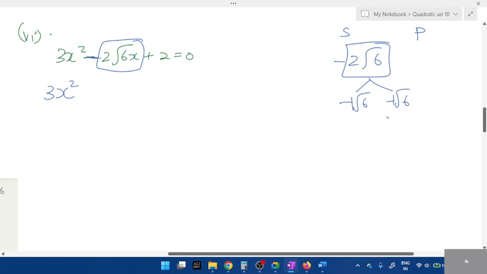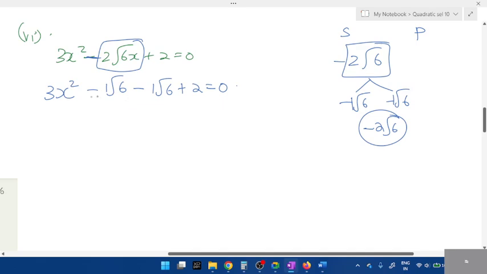What is minus into minus? Plus. 1 plus 1 you get 2 root 6. Both have minus. So this is how we have to split the middle part, students. When root is given, split it like this: 1 root 6 minus 1 root 6 plus 2 is equal to 0. Is this clear? Did you understand?